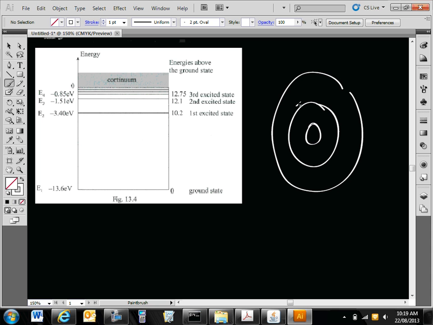Okay, we have electrons in energy levels. These outer levels correspond to these higher energy states here. The inner levels correspond to this ground state energy here. You'll notice that the values are negative, kind of minus energy.